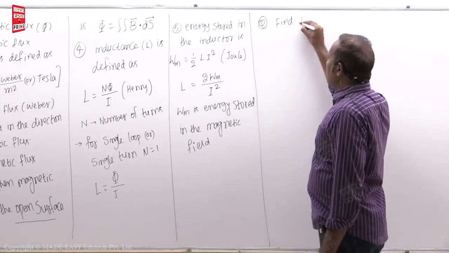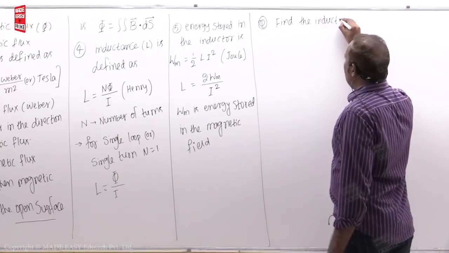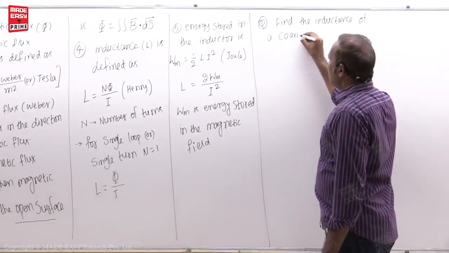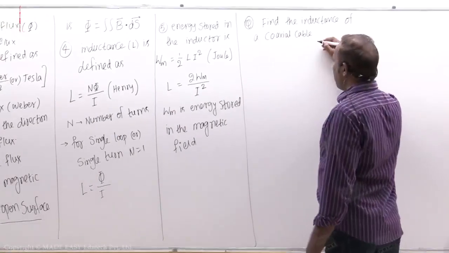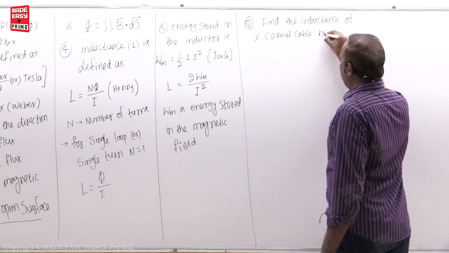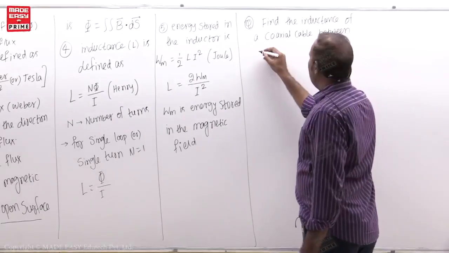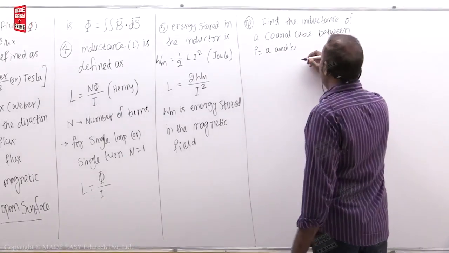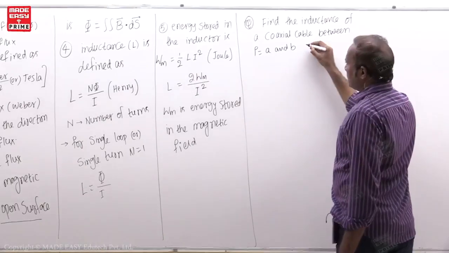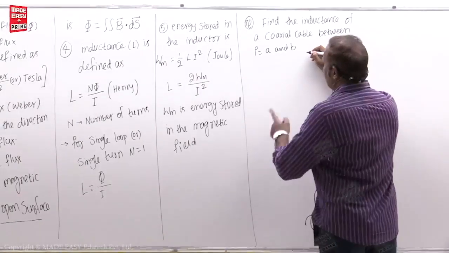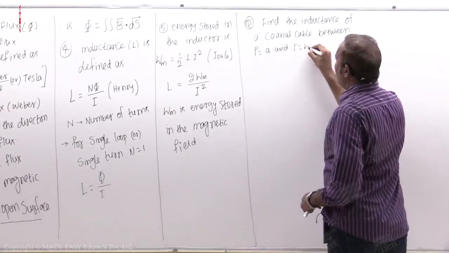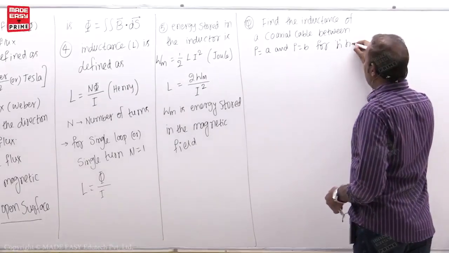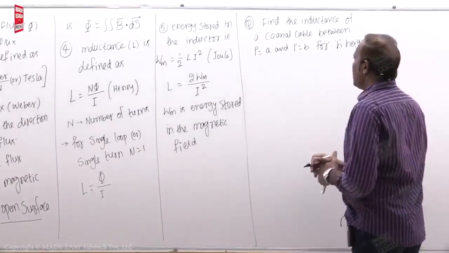Find the inductance of a coaxial cable between rho is equal to A and rho is equal to B for H height. So that is the question actually.